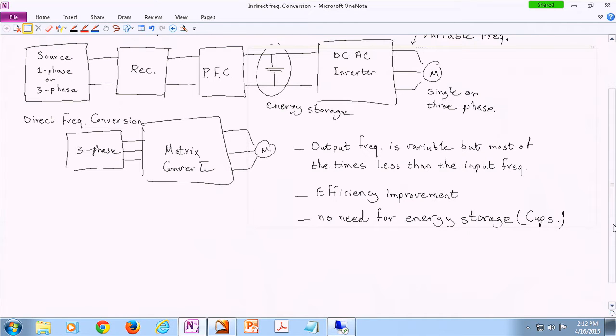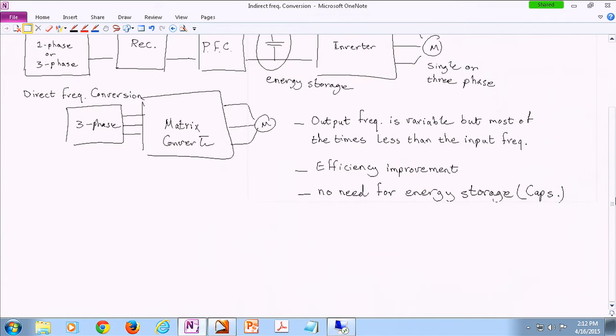So in this example, in order to make things a little bit simple, I am just assuming that my output is only single phase, okay? So a matrix converter with single phase output. Okay, so I'm assuming I have three phases of AC power available to me.